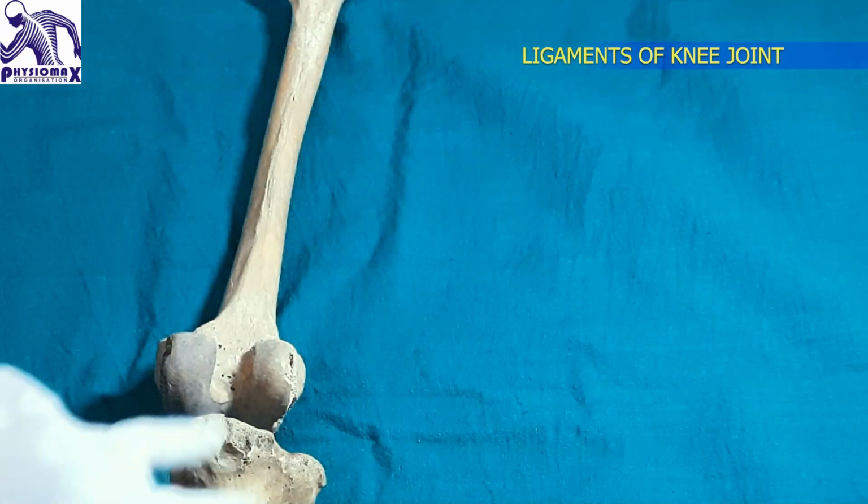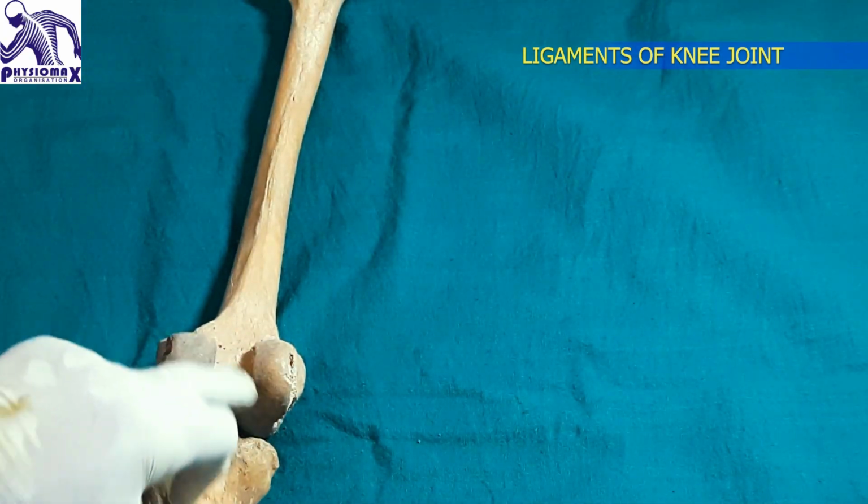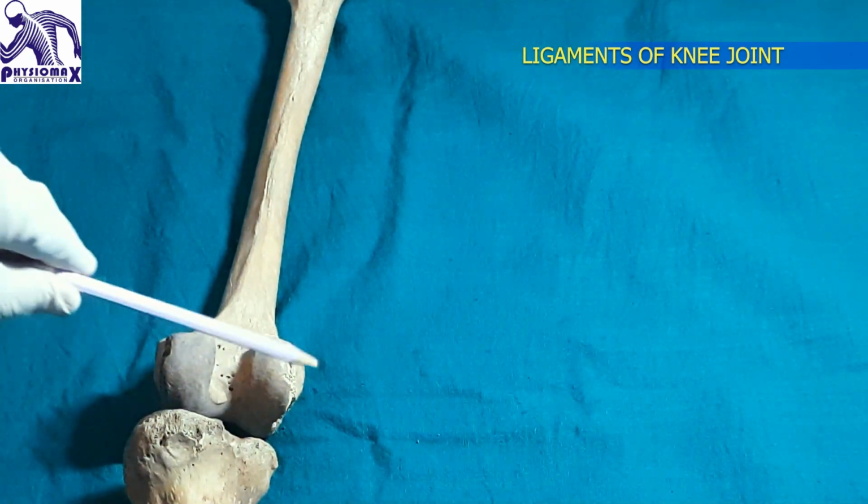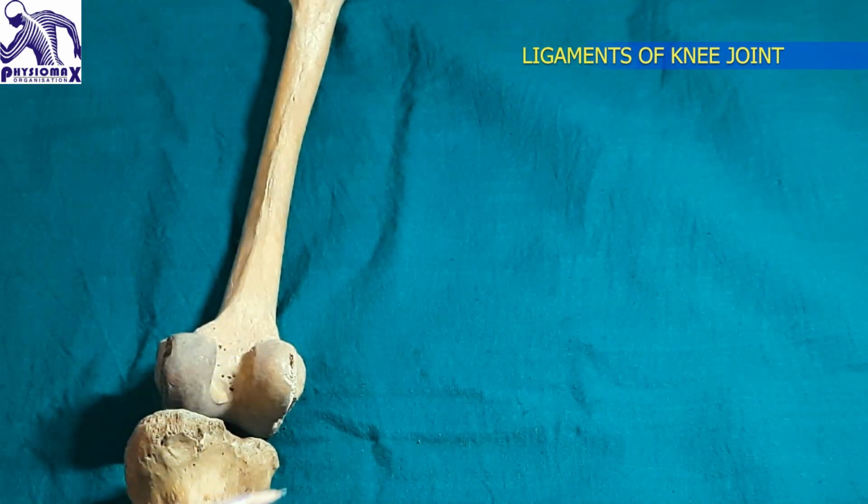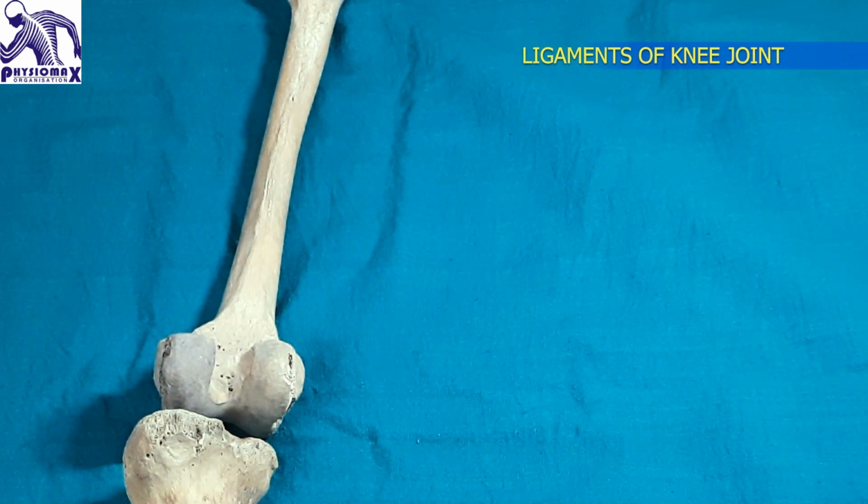This is a very small ligament, present on the posterior aspect, crossing just below the popliteus muscle, and that's why it is named the oblique popliteal ligament.